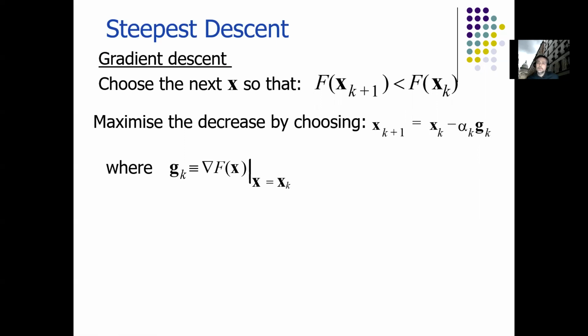In neural networks and in machine learning in general, we use the term learning rate for the step size, and the x's are the parameters of the model that we want to learn. Like in a neural network, these are the weights and the biases. The gradient will be calculated by backpropagation.